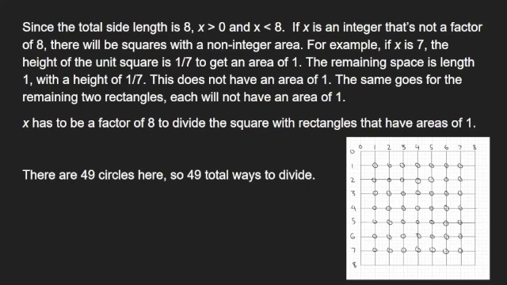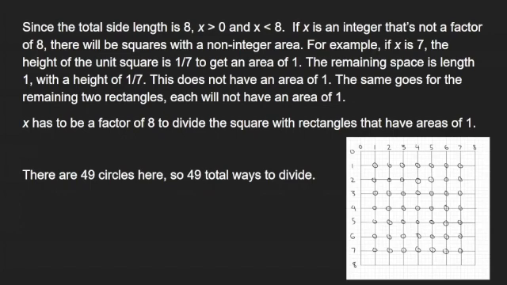Then the remaining space has length 1 and also a height of 1/7. This doesn't have an area of 1, and the same goes for the remaining 2 rectangles, which will each not have an area of 1. So x has to be a factor of 8 to divide the square into rectangles that have areas of 1.